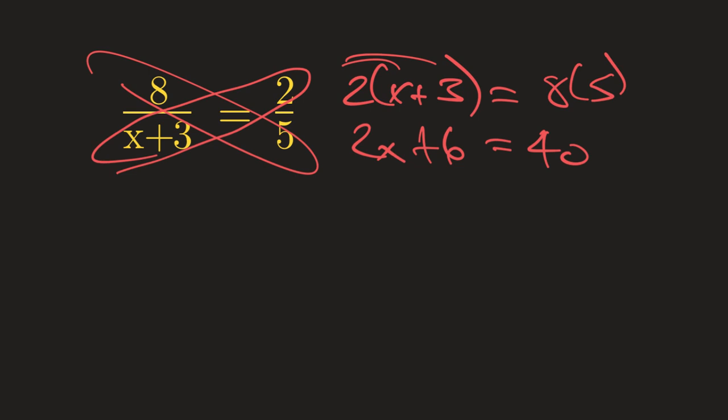One of the common mistakes that I've seen for a lot of years in a situation like this is the student will multiply 2 times x and get the 2x, but a lot of times they don't get the 2 times 3 because it's not a typical looking distribution, okay?